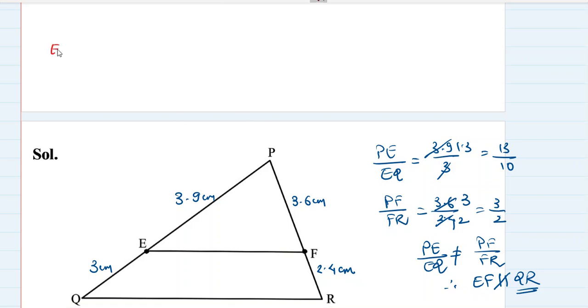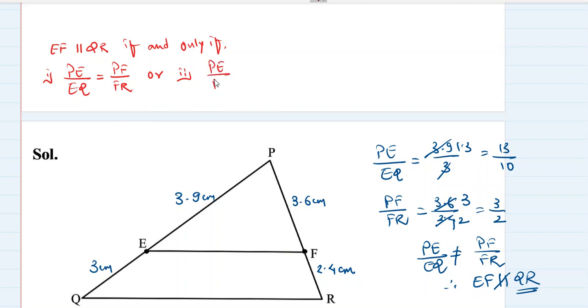EF will be parallel to QR if and only if, number one, PE upon EQ should be equal to PF upon FR, or number two, PE upon PQ should be equal to PF upon PR, or number three, EQ upon PQ should be equal to FR upon PR.